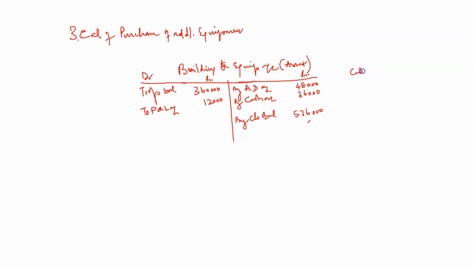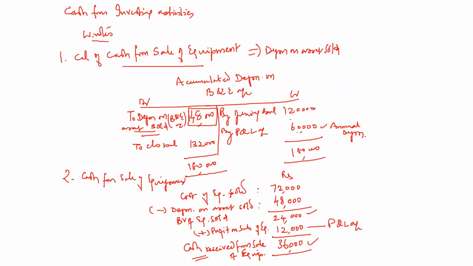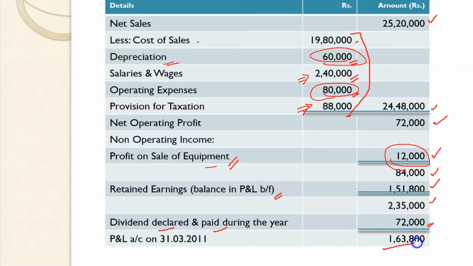So the effect of 72,000 is accounted here. The cost of equipment sold is given as rupees 72,000, which has been accounted for here. If you add these two, it will be around 84,000 minus 12,000 profit. You will get the cost that has been given effect in the ledger, and you can now close the ledger because there is no other transaction. There is no other purchase mentioned in the question.